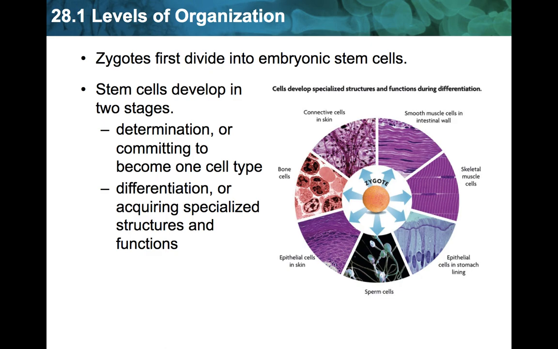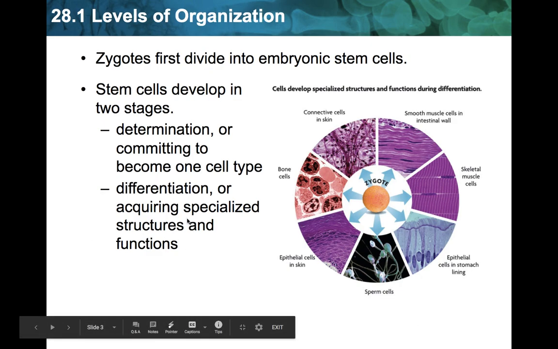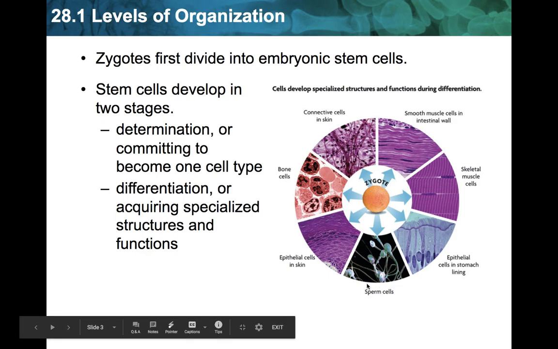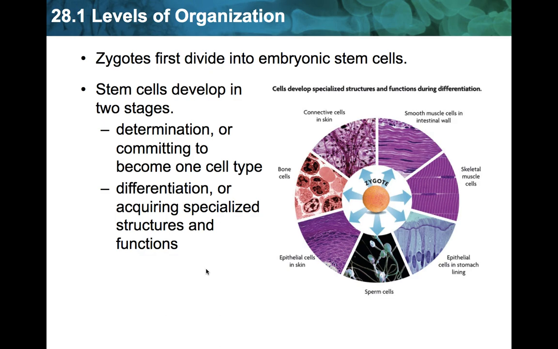So I'm going to talk about the bullet point right here first. In differentiation, you have cells that are being told what to become. So some cells, as you can see here, will be bone cells, skin cells, muscle cells, epithelial cells, sperm cells. These are just a list of a bunch of different types of cells that your body will make when it's a zygote.